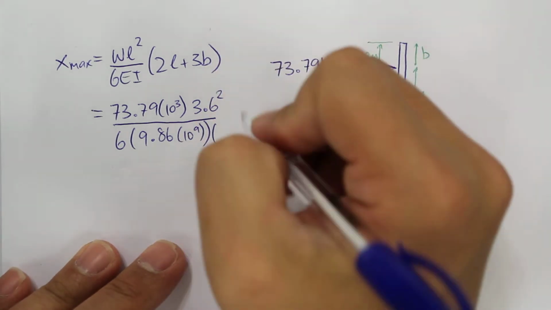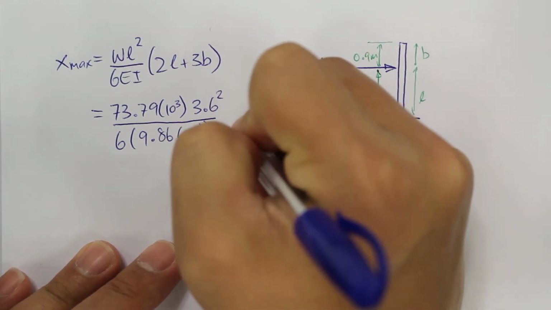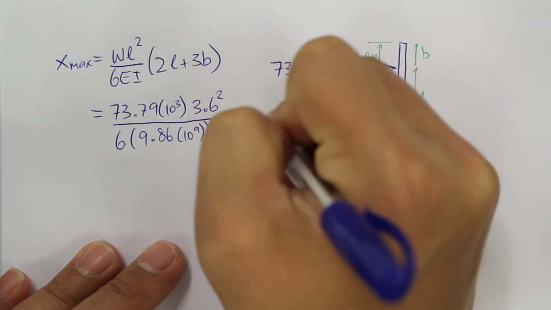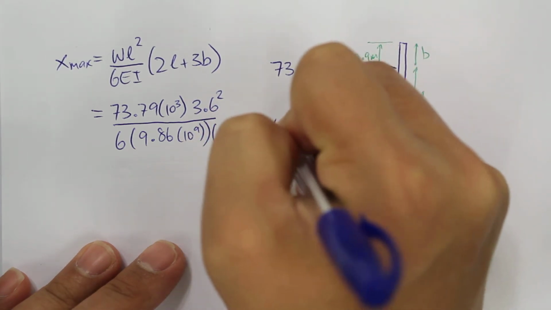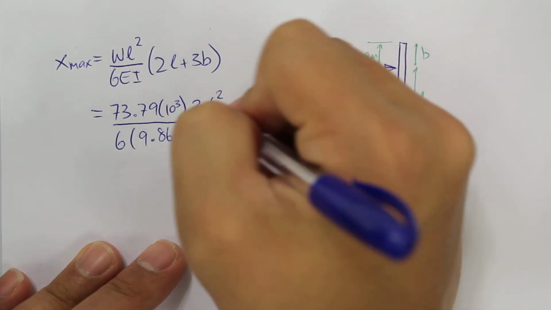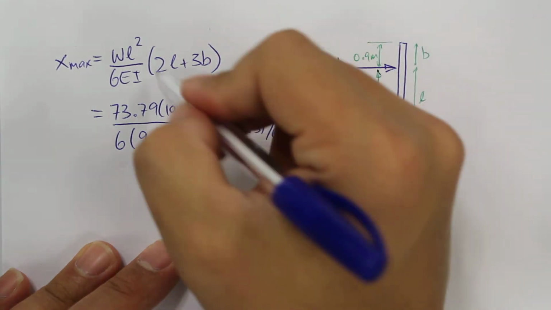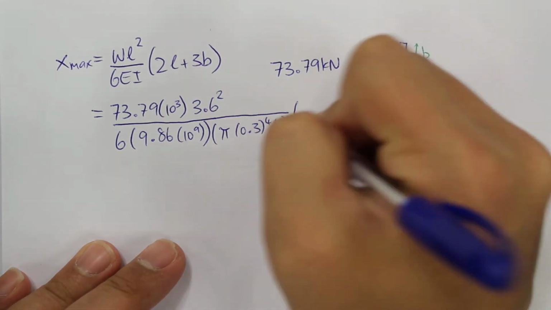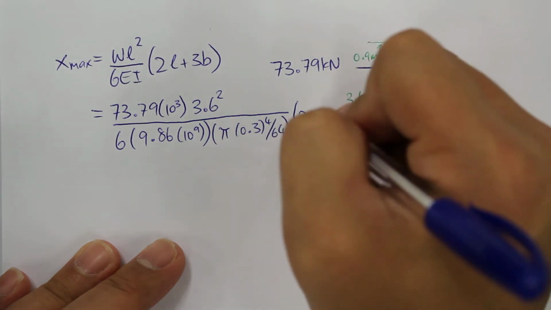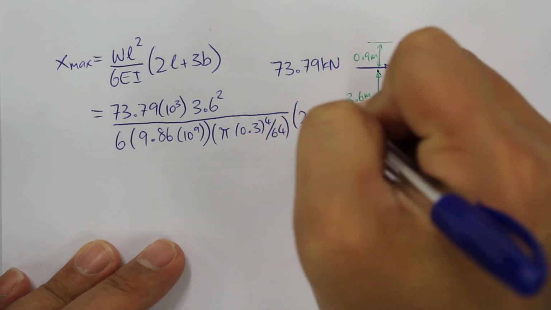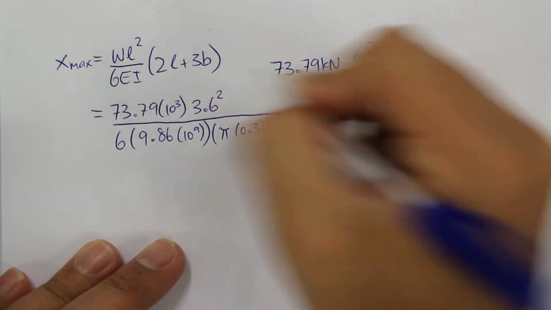So that'll be pi times 0.3 to the 4 over 64, and then times 2 times L plus 3 times B.